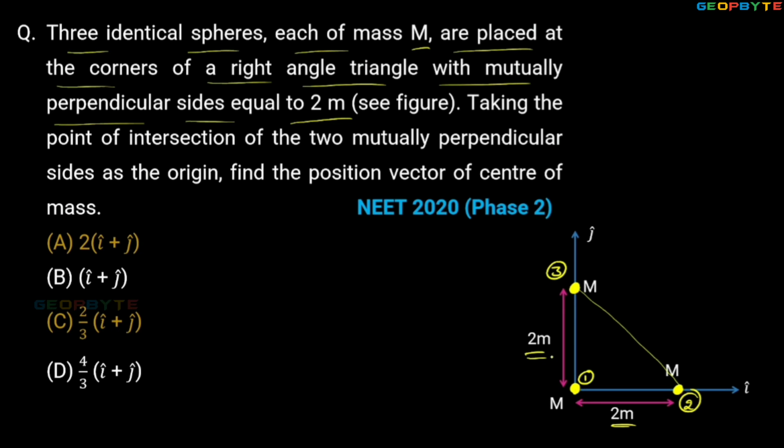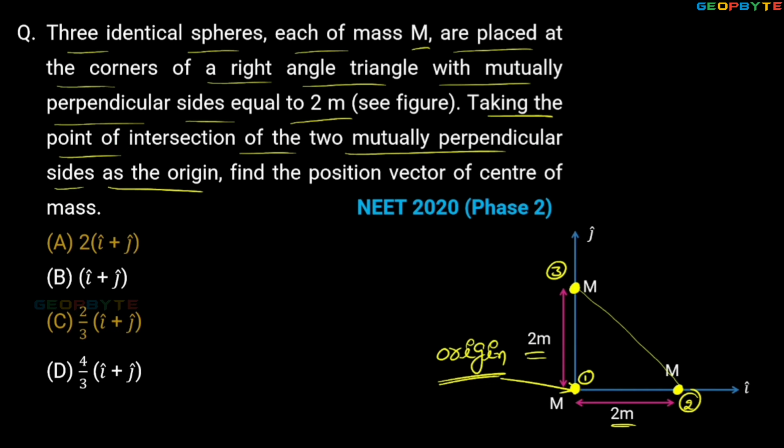Each side is 2 meters. Taking the point of intersection of the two mutually perpendicular sides as the origin, wherever the two perpendicular lines meet, that is the origin.